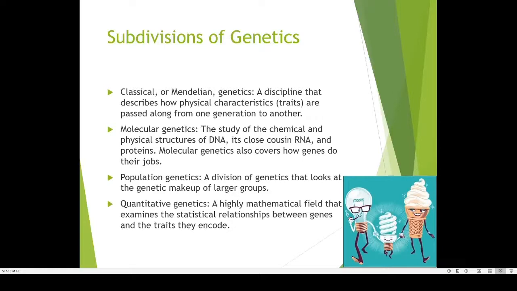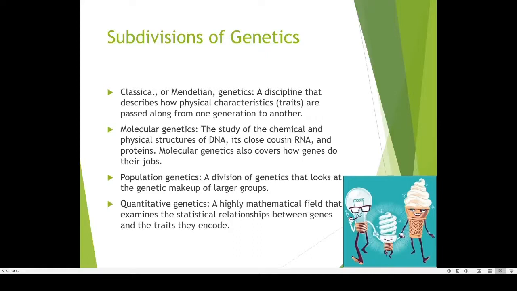As for population genetics, it's a division of genetics that looks at the genetic makeup of larger groups. Most of the time, when we talk about genes and genetics, we only look at certain individuals, not a group.